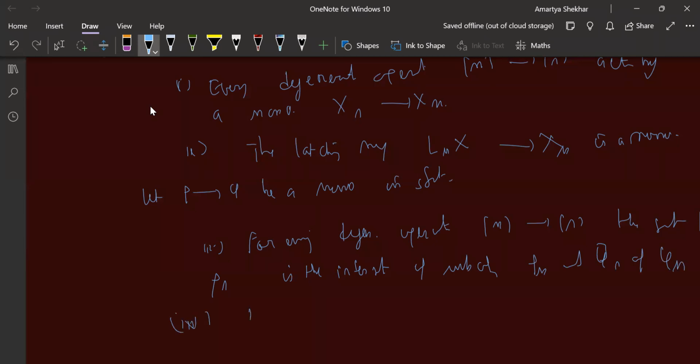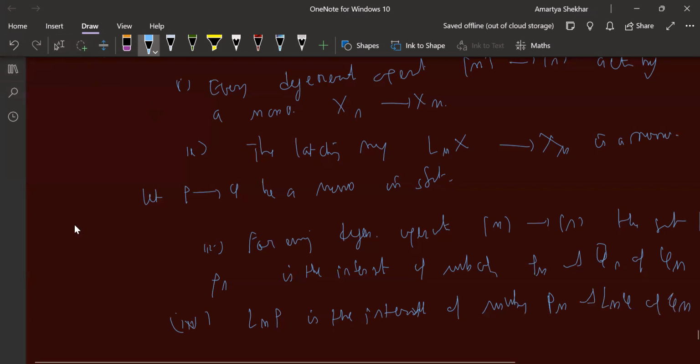So this is the intersection of subobjects of Q. I'll give a proof.